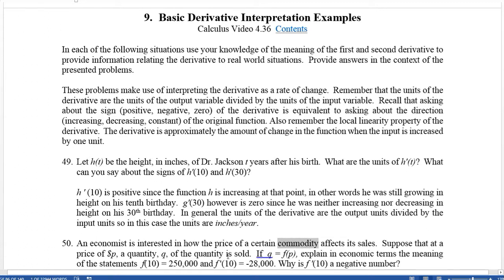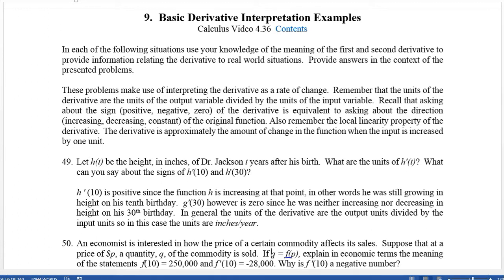If Q is f of p, explain in economic terms what the meaning of the statements f of 10 equals 250,000 and f prime of 10 equals negative 28,000 is. And why would f prime of 10 be a negative number? Why does that make sense? So see if you can answer those questions. Again, press pause now.